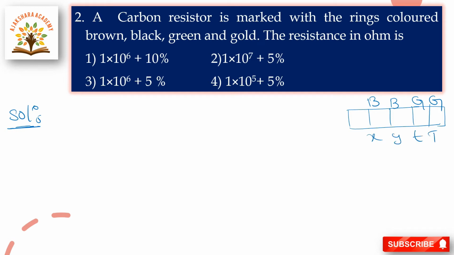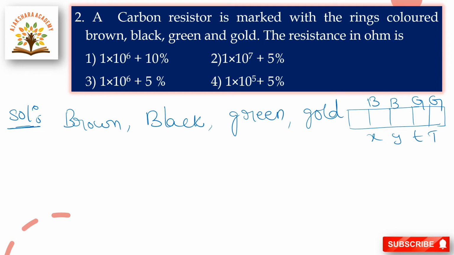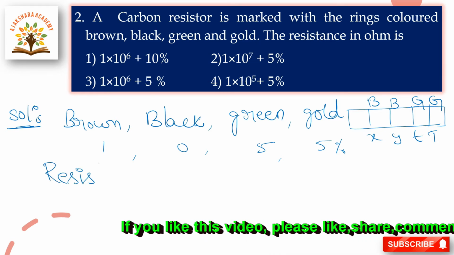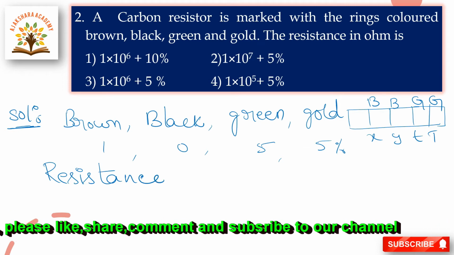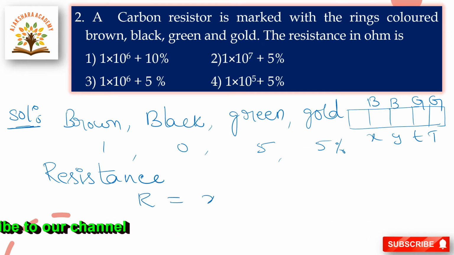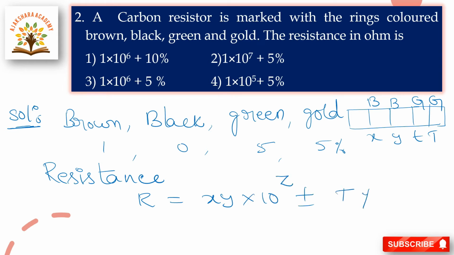X, Y, T. So first one they have given as brown, black, green, gold, 5%. So resistance R is equals to xy into 10 to the power of z plus or minus T tolerance.